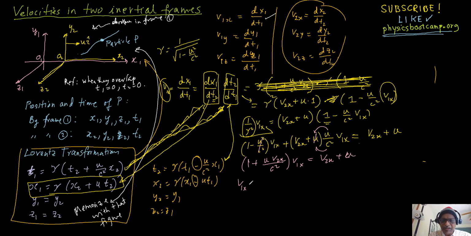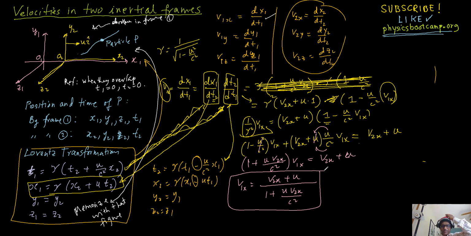So v1x is simply v2x plus u over 1 plus u v2x over c square. So that's the relationship for v1x.